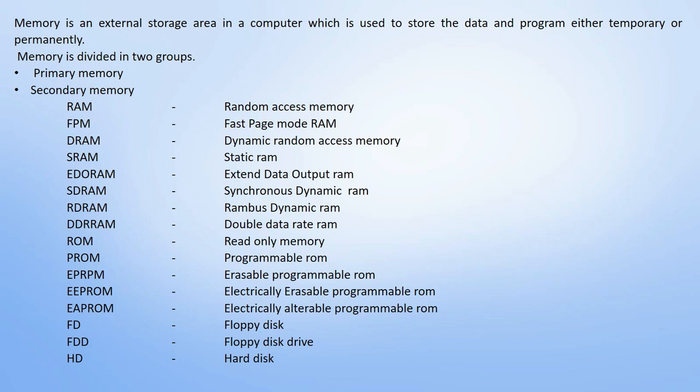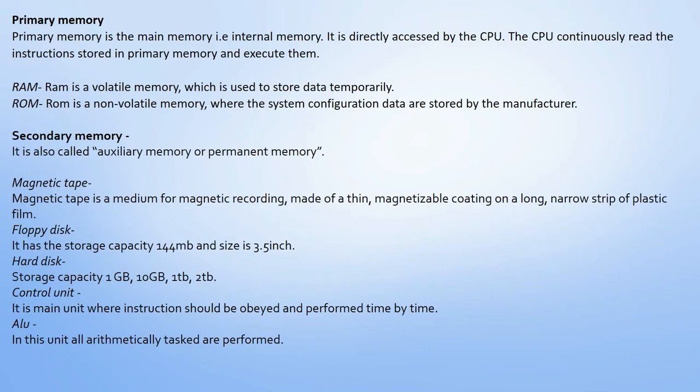Okay. So let's discuss your primary section. Primary memory is the main memory, also called internal memory. It is directly accessed by the CPU. The CPU continuously reads the instructions stored in primary memory and executes them. Inside primary memory, RAM is there and ROM is also there.